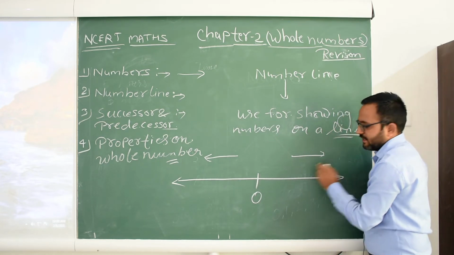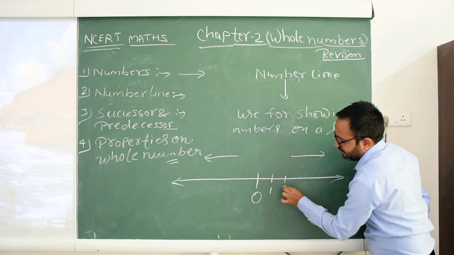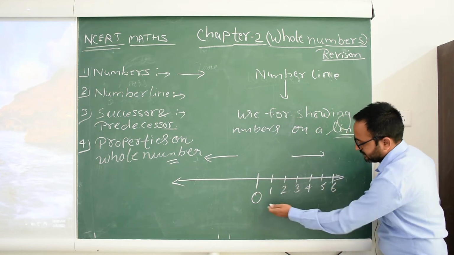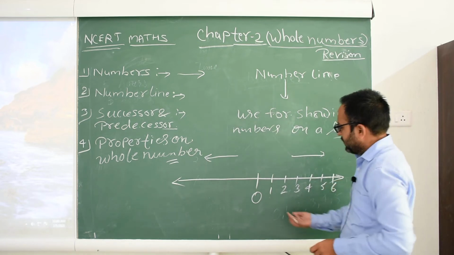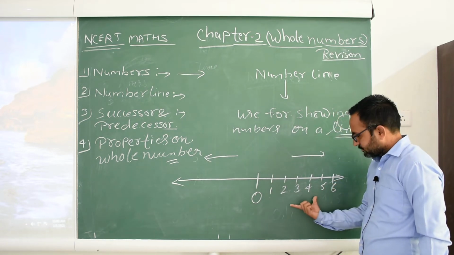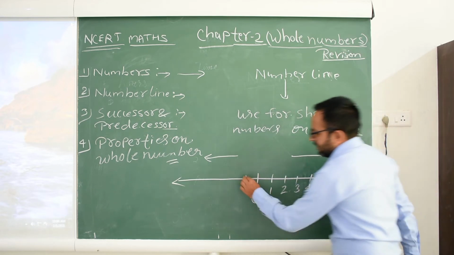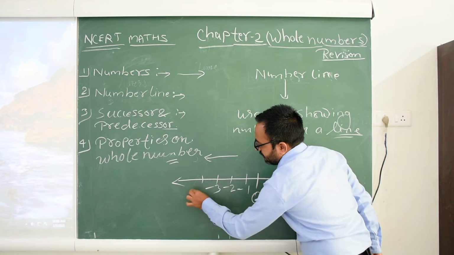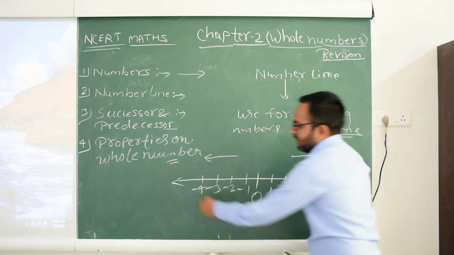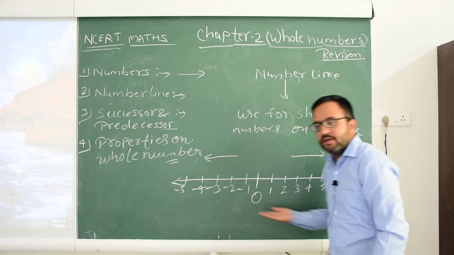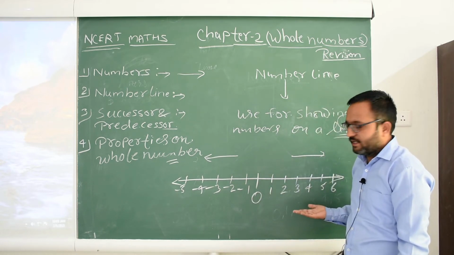On the right hand side we take positive numbers, 1, 2, 3, 4, 5, 6 and so on. The right side indicates positive numbers and the left side indicates negative numbers. So this is your number line.